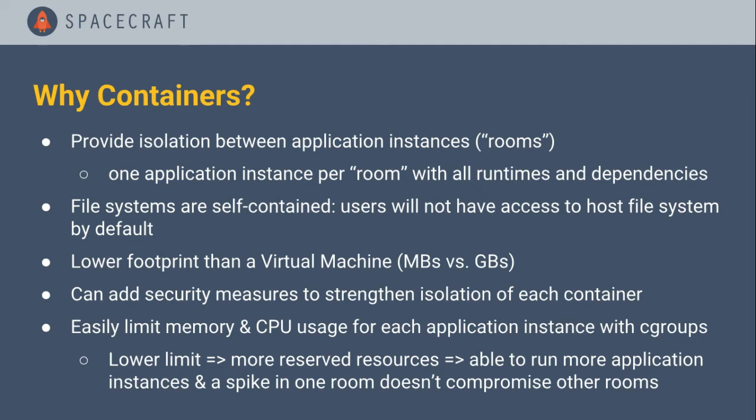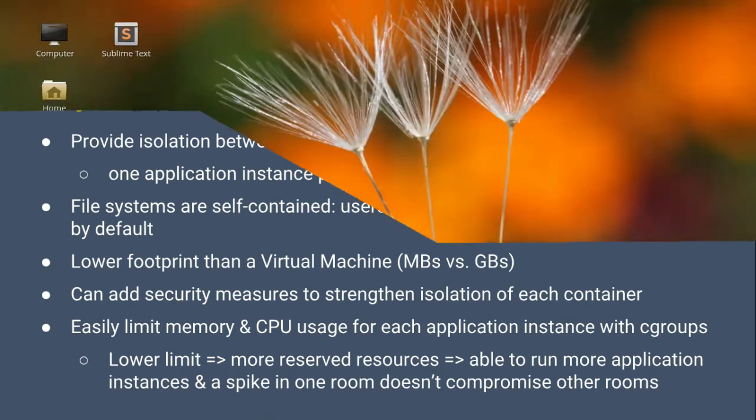So you might think that virtual machines provide similar isolation. But the problem with virtual machines is that we're talking about gigabytes versus megabytes for containers of storage space. We can also add security measures to strengthen our isolation. And we can very easily limit memory and CPU usage for each application with Docker CPUs.